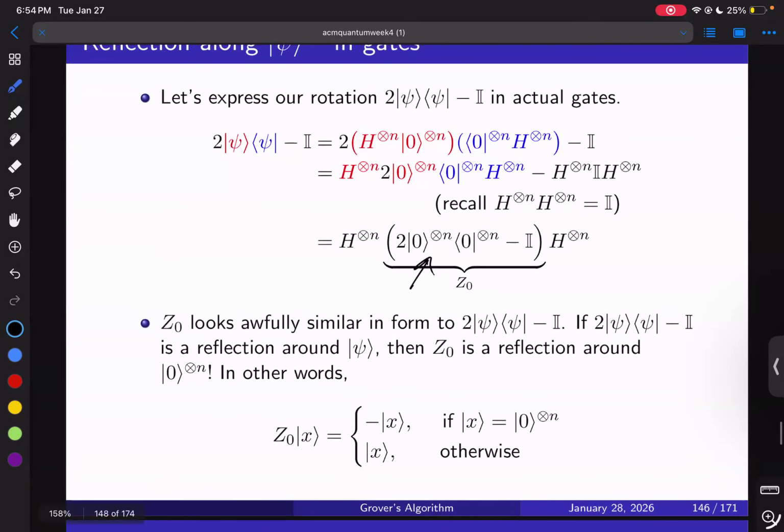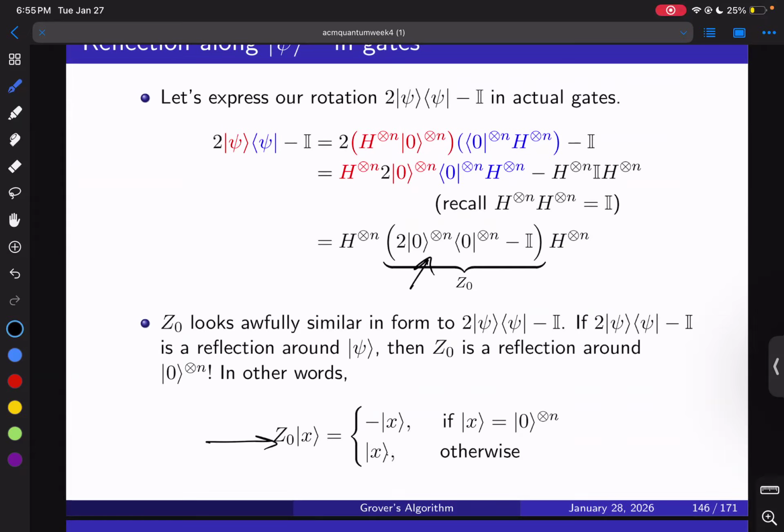And if that doesn't make sense, this is pretty much all it does. If you apply Z naught on some x state, it'll add a negative sign if that x state was all zeros, otherwise it'll do nothing. So it should be the opposite. Wait, flip the cases. If you acted on all zero, it stays the same. Otherwise, it's flipped.